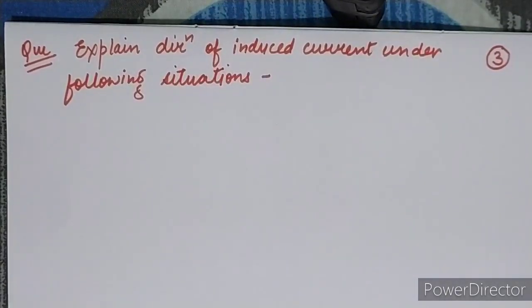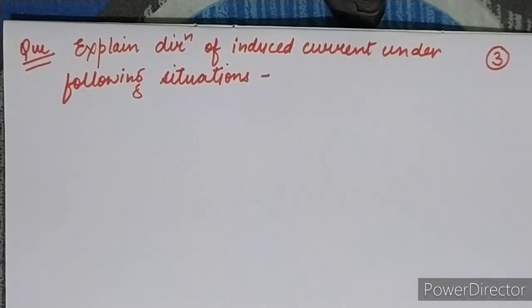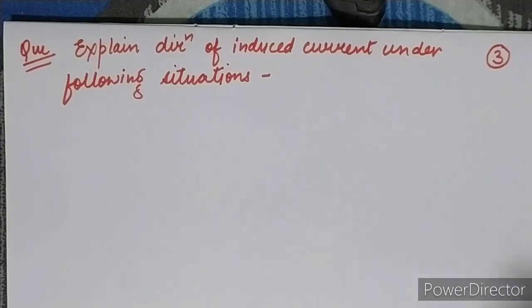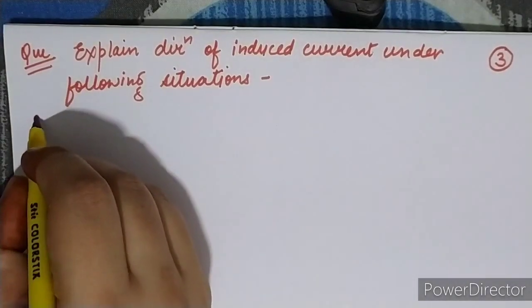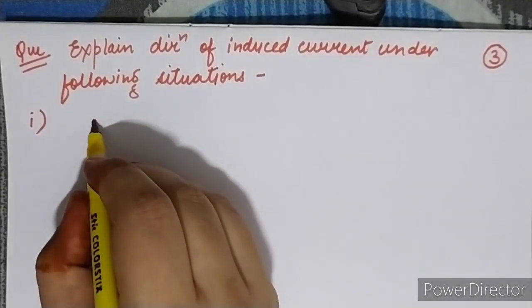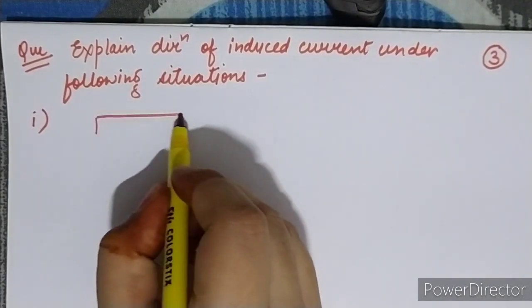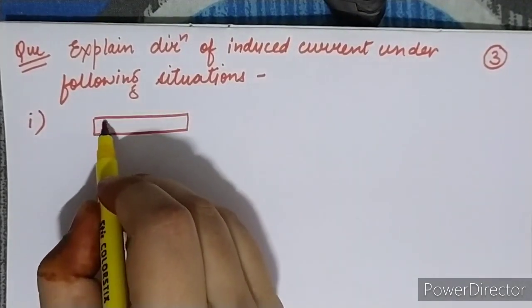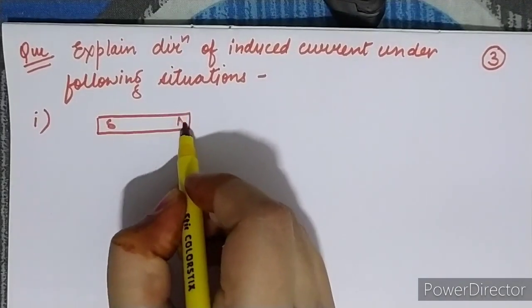Different situations have been given to you, and in those situations you have to explain the direction of the induced current. So one by one we will go through the situations. Your first situation is this: a bar magnet, south pole and north pole.